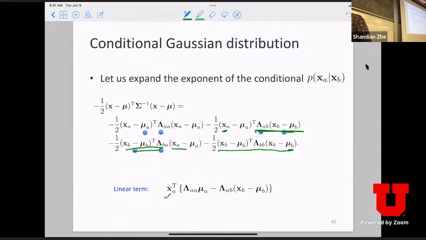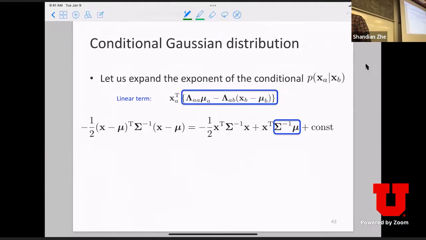Also, by the way, you get a linear term in xa from mu A transpose lambda aa times xa. So you can merge the linear terms together and get lambda aa mu A subtracted by lambda ab times xb subtracted by mu B. Now we have the coefficient for the linear term.